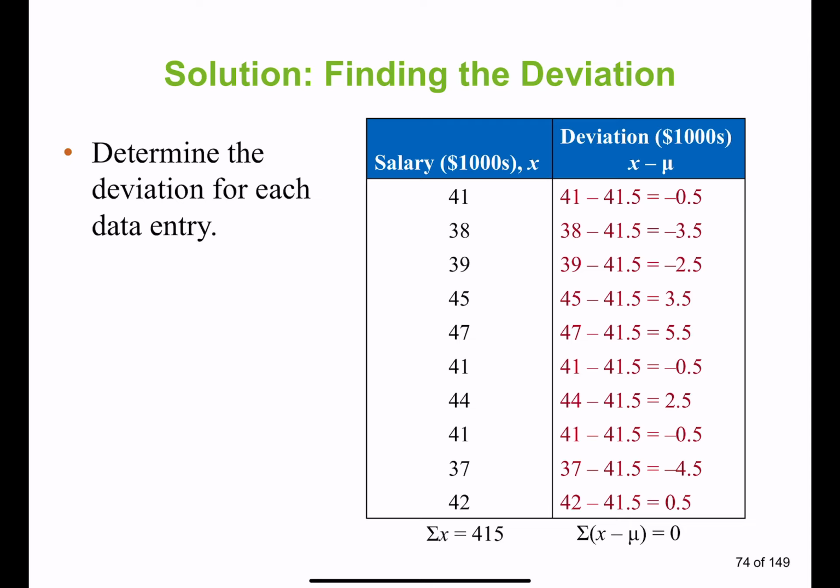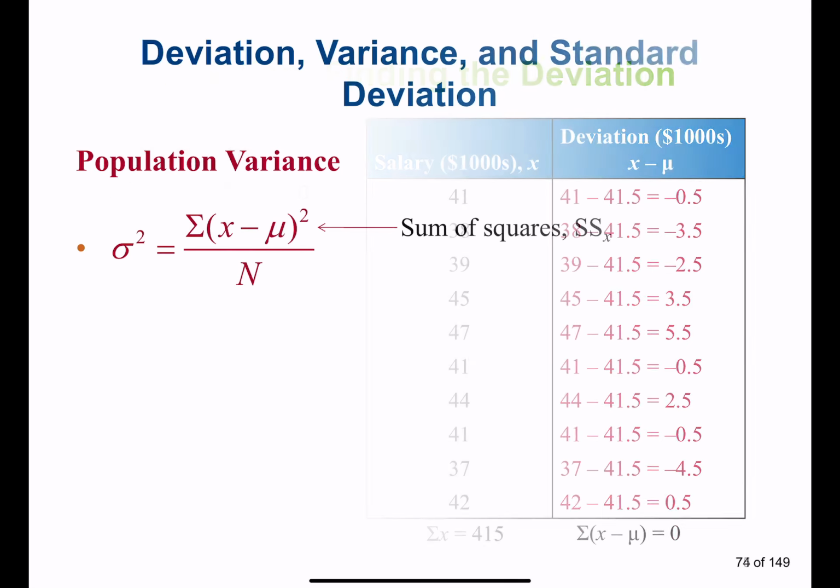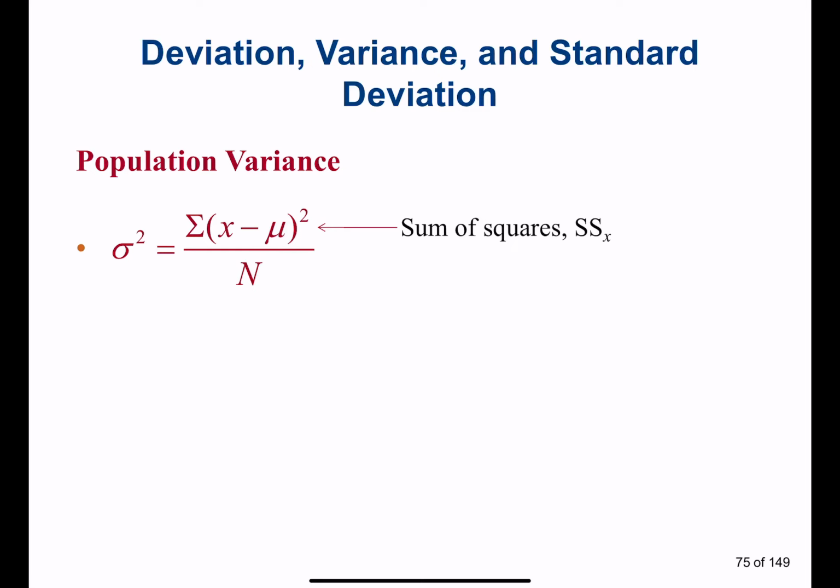Okay, so this is an example of how to find deviation. You practically take every single value in the database and subtract the average. Here is the formula.